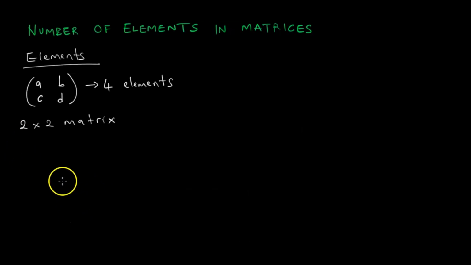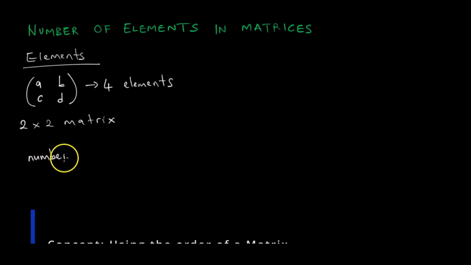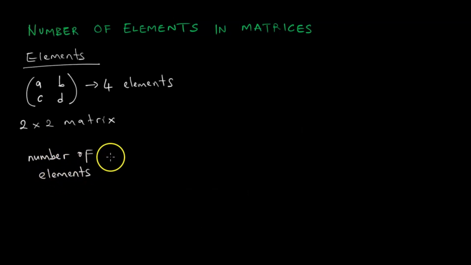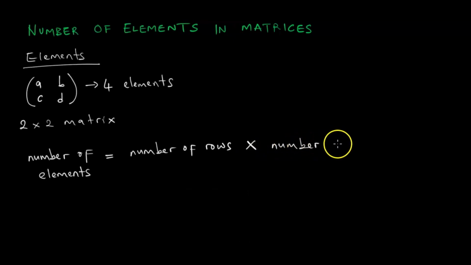What do I mean? Saka panapa tiri kuti the number of elements inside the matrix is going to be equal to the number of rows times the number of columns.